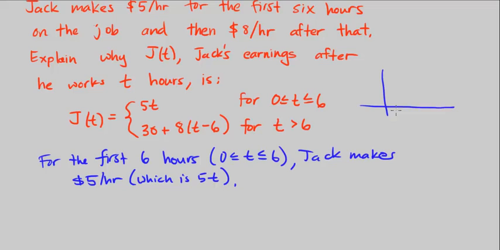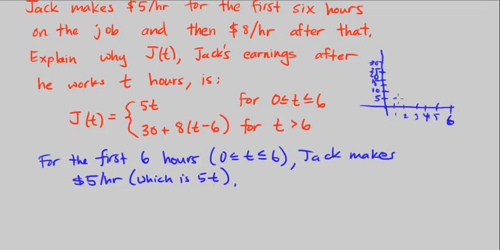If we were to graph it from 0, 1, 2, 3, 4, 5, 6, from 0 to 6, we want to show that he's getting $5 an hour. So the slope of a line with the output, I'm going to draw it lower. This is 5, 10, 15, 20, 25, 30, right?